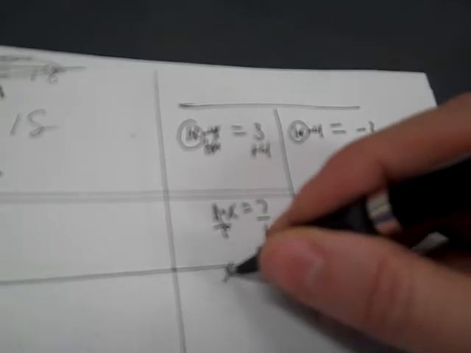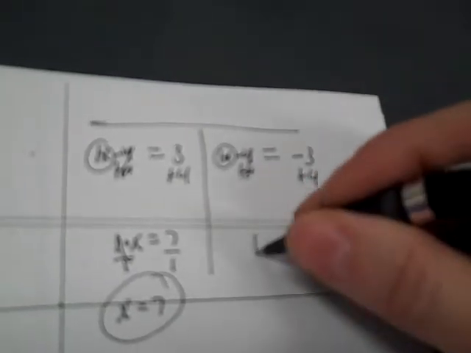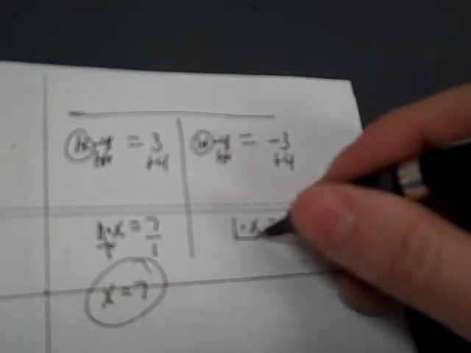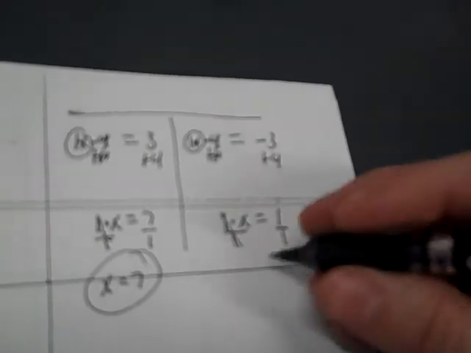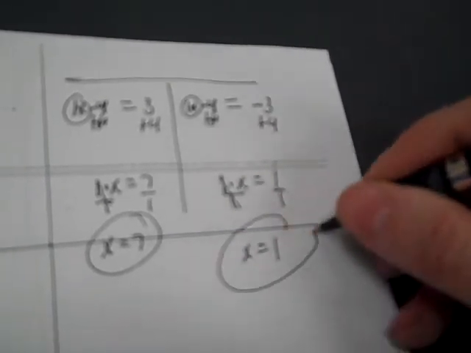So I plus 4, and 4 plus 3 is 7. Divided by 1 keeps it at 7. And then I plus 4 to negative 3. And negative 3 plus 4 is 1, so 1 dot x equals 1. Then I divide by 1. And 1 divided by 1 is 1.